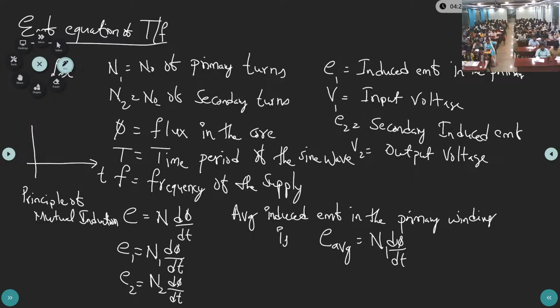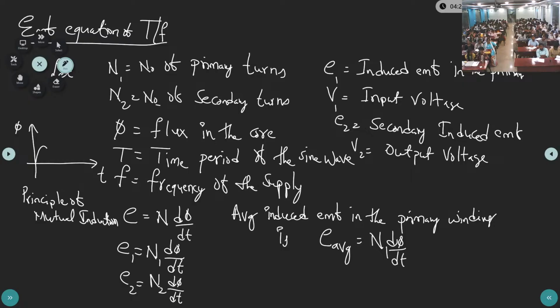You require the difference of time and the difference of flux. How much maximum time will we get? Infinite time. What is the maximum flux we will get? Not infinite flux, we will get a maximum flux.